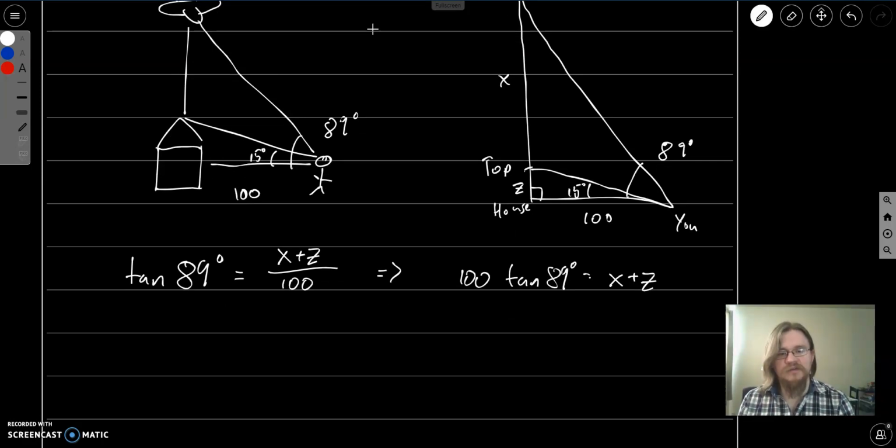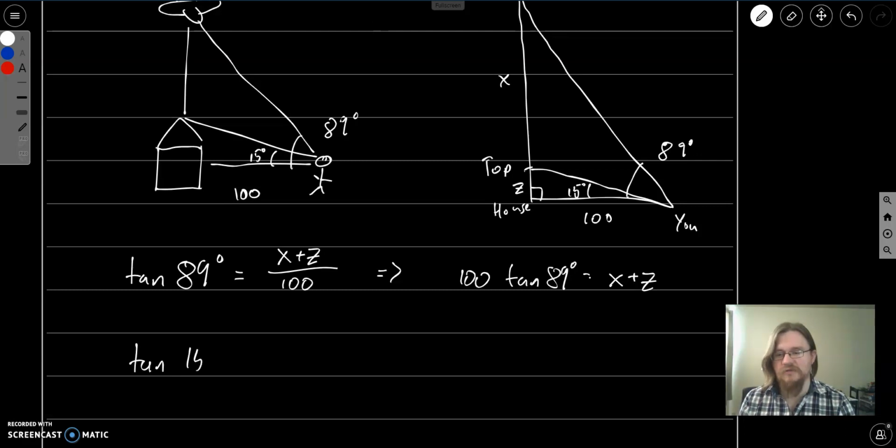Well, I've got this little itty-bitty triangle down here, and I can figure out z fairly easily because, again, I have a right angle triangle. I know one of the angles on the inside, 15. z is the opposite side. 100 is the adjacent side. So I can play the same game.